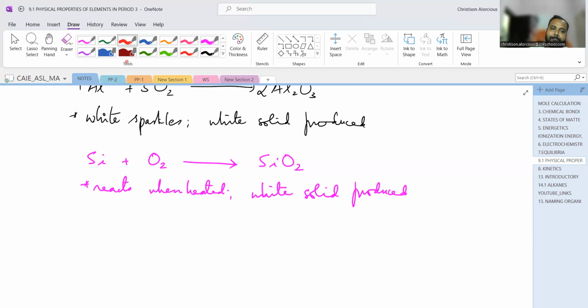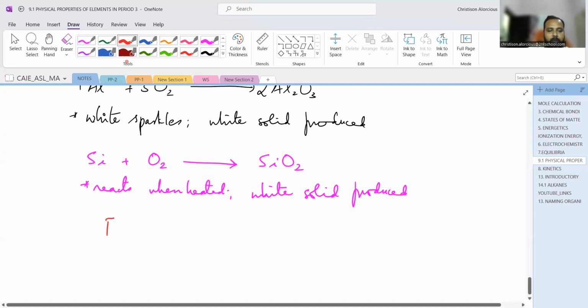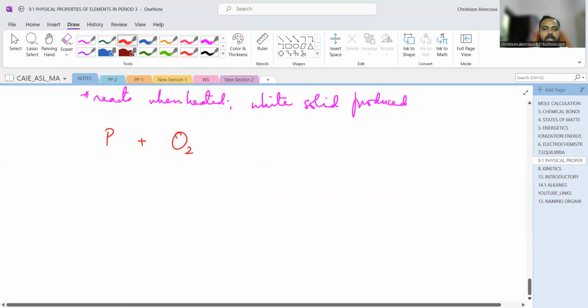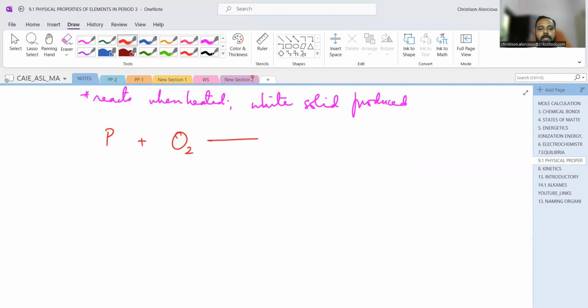Then we've got phosphorus, again a bit of an issue because your syllabus limits us to one of the oxides of phosphorus. Actually, there are two very common oxides of phosphorus. There is phosphorus 3 oxide, which has the formula P4O6.